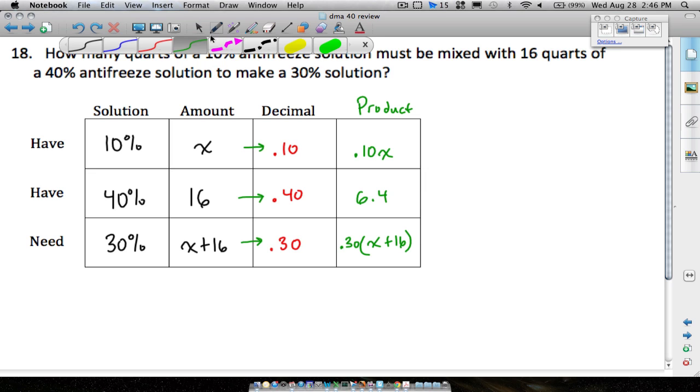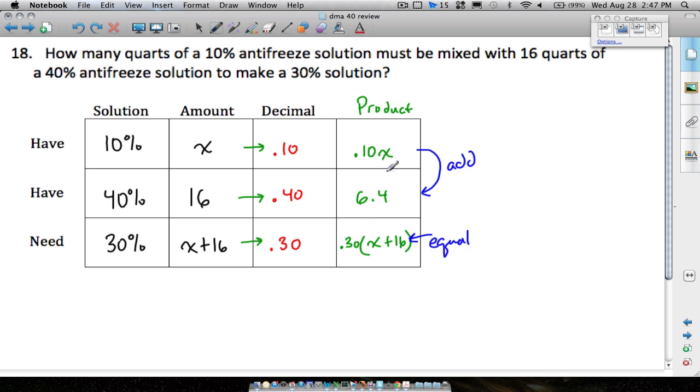And then in class, when we cover this type of problem, we are adding these two solutions. Imagine you have a bottle of 10% solution and a bottle of 40% solution. You want to add these two solutions together to get a mixture that equals this amount, a 30% solution.